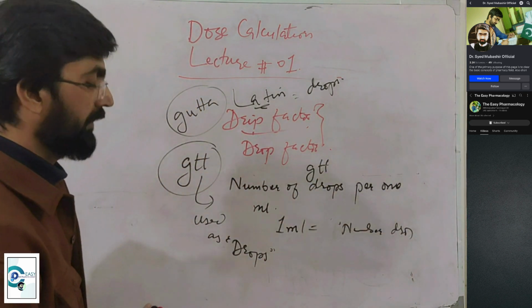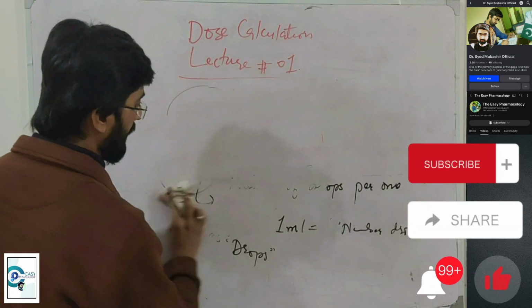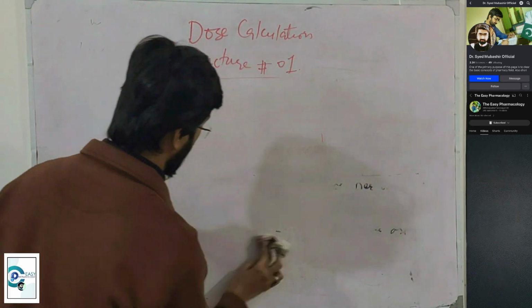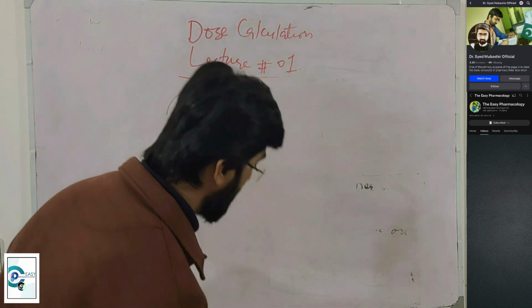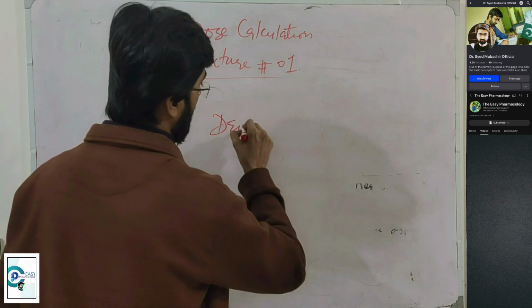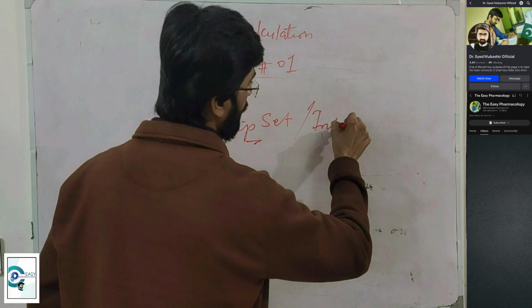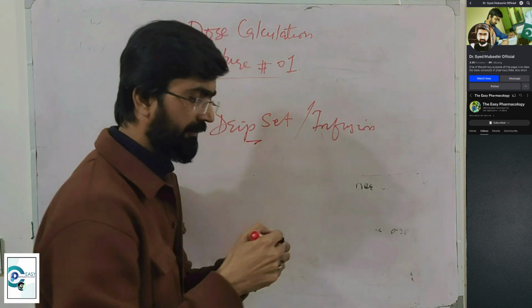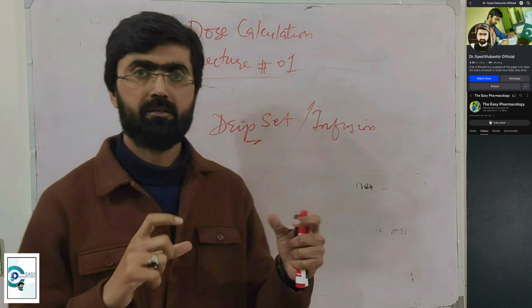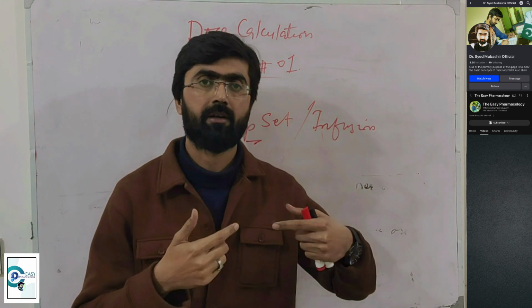Now come on to the drip set types. Drip set, or we also call it infusion set. I think you have seen this drip set when any patient is given any intravenous fluid.